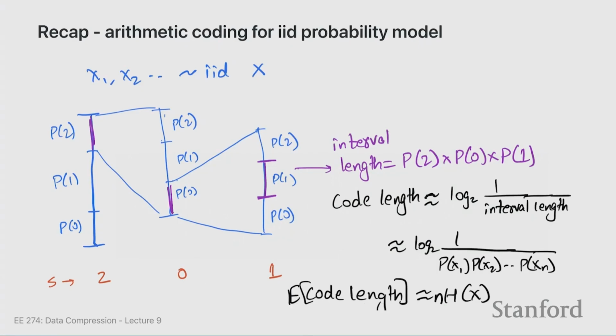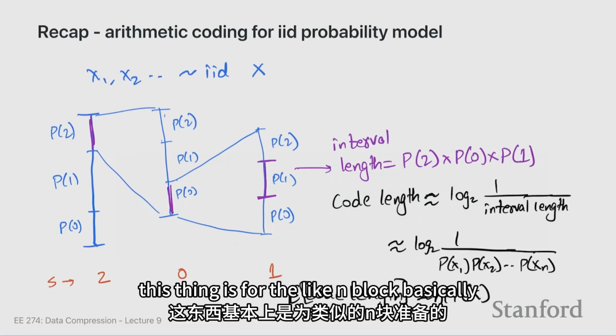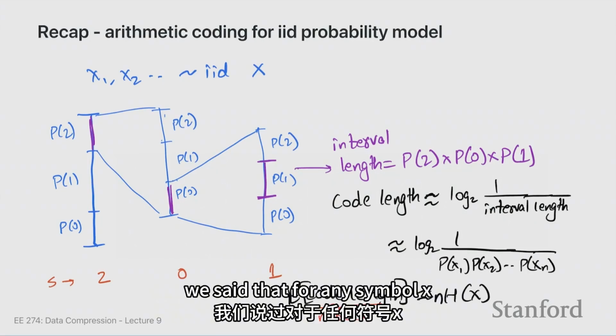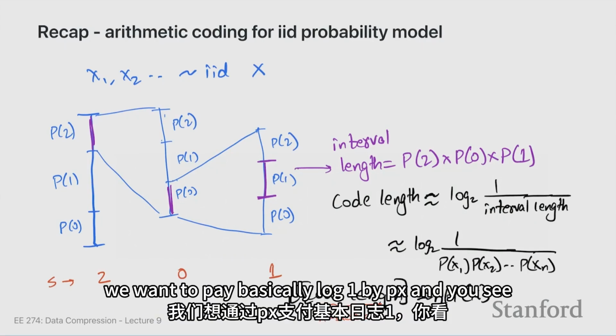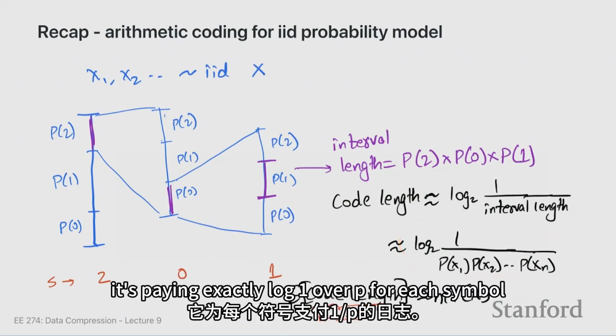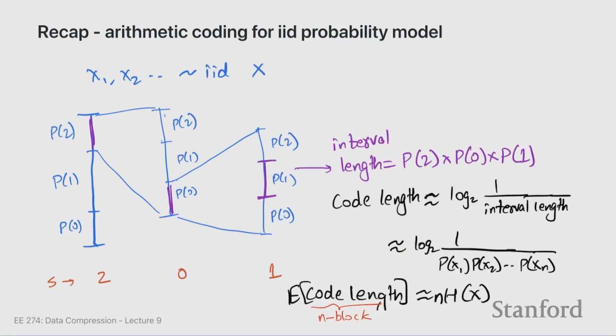Yes. This is for the entire block of n. And if you recall our thumb rule, we said that for any symbol x, we want to pay basically log 1 by p(x), and you see that's exactly what arithmetic coding is paying. It's paying exactly log 1 over p for each symbol.